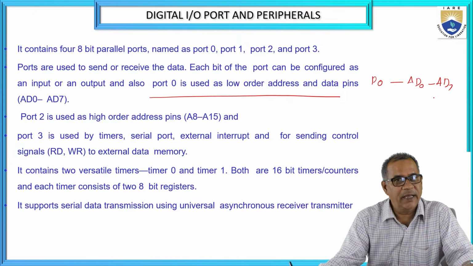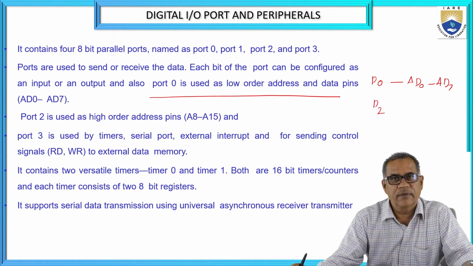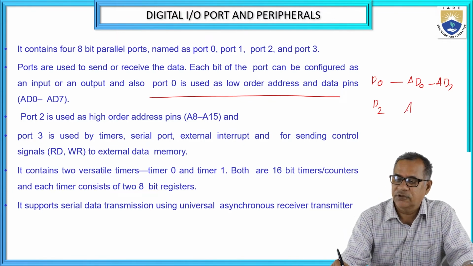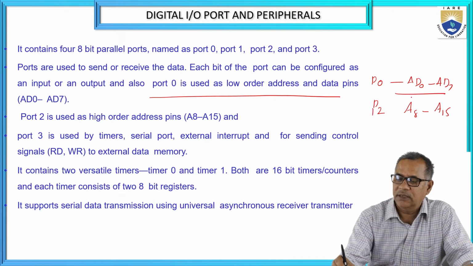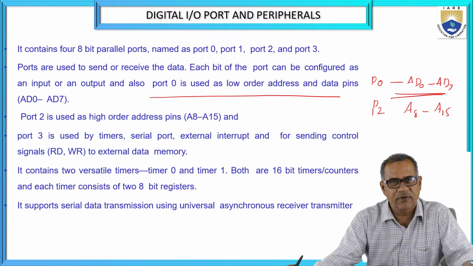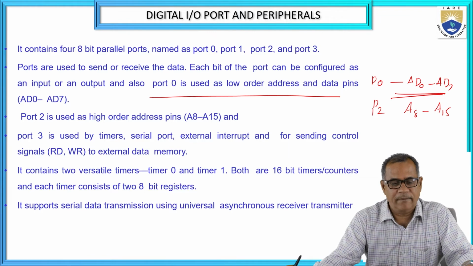And which port provides the higher byte of the address? Port 2 is used for providing the higher byte of the address, that is A8 to A15. These AD0 to AD7 are multiplexed lines. They are used for address as well as for data.